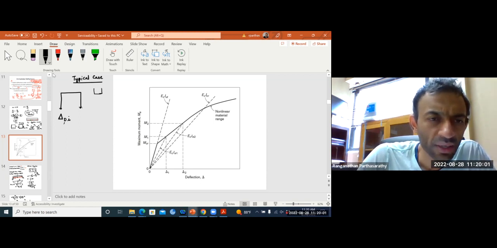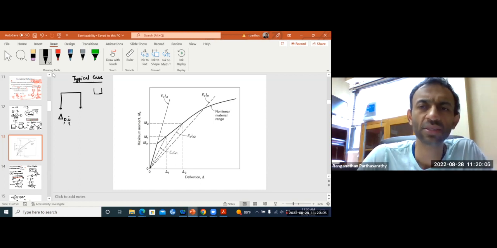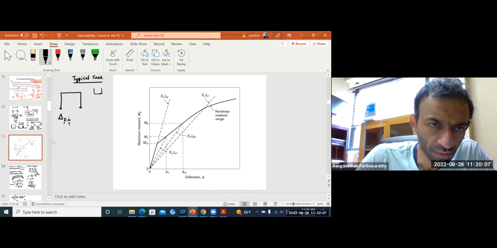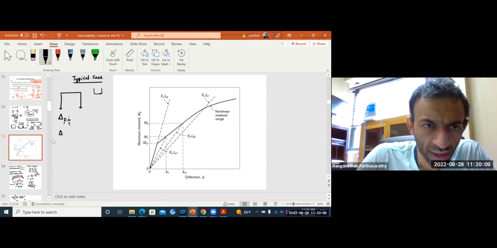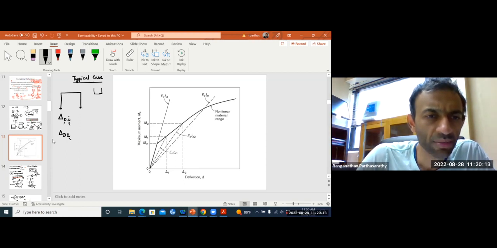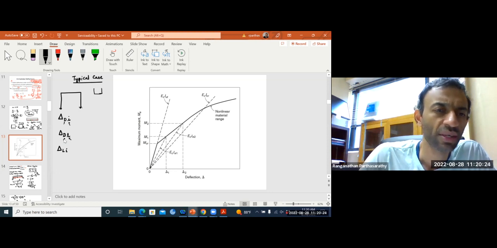When we put D here, it means dead load. I means instantaneous deflection. Okay. So when we put delta D, L means long-term deflection. Now, if I write delta LI, it means instantaneous deflection due to live load.